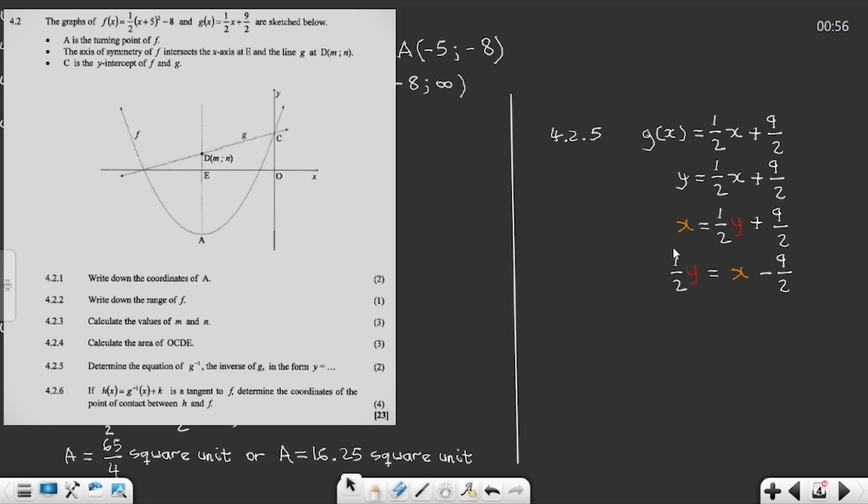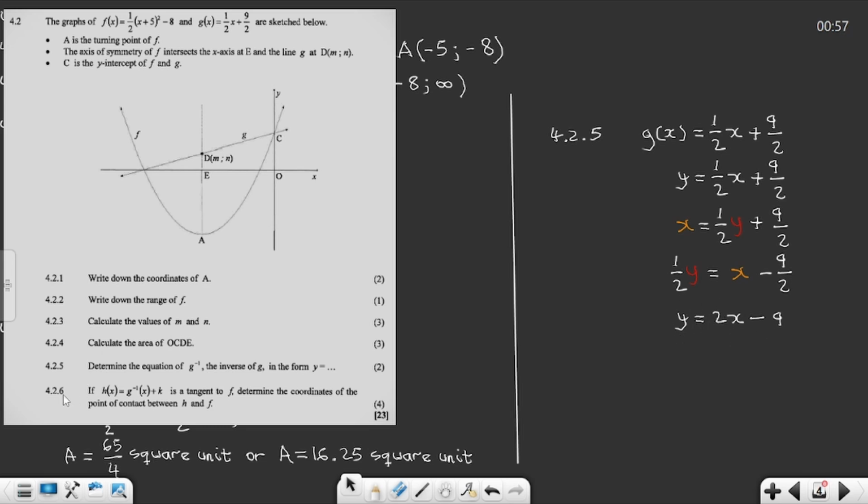So when you multiply by 2, you get y. Can you see? 2 times half will give you 1. So it's 1 times y, it gives you y, which is equal to, this times 2 will give you 2x minus, now you have 9 over 2 times 2, the 2 will cancel, you will have minus 9. Okay, so this is the inverse of g written down in the form y is equal to this, what we have here.